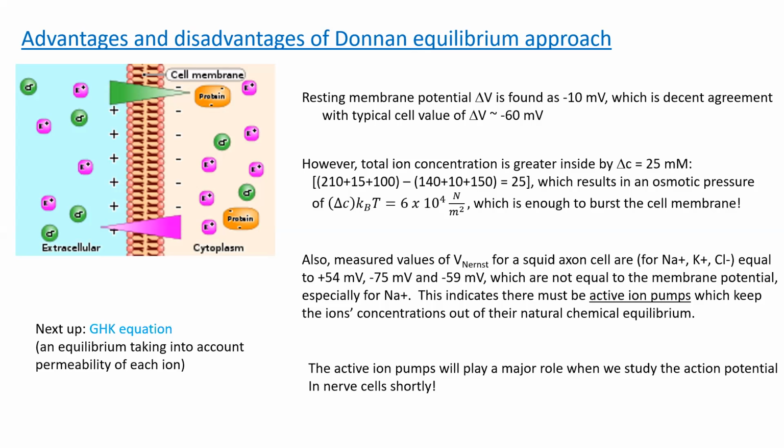We've learned the definition of the Nernst potential as the membrane potential needed to hold a given concentration difference of an ion on either side of the cell. And we've looked at the Donnan equilibrium approach of looking at multiple ions and looked at its advantages and disadvantages.